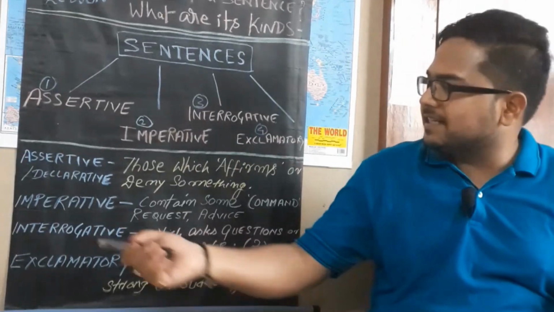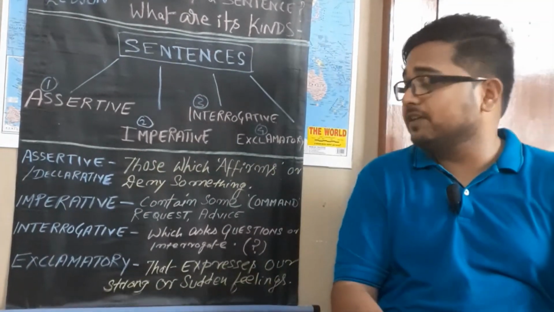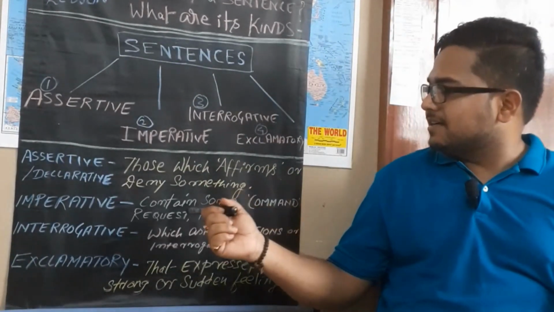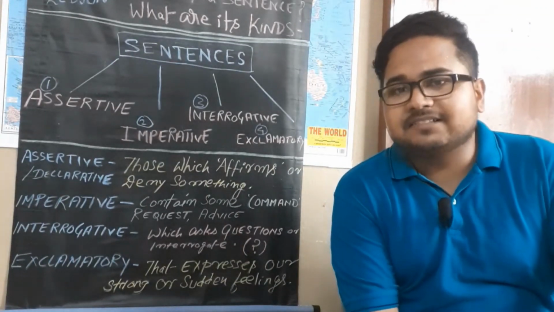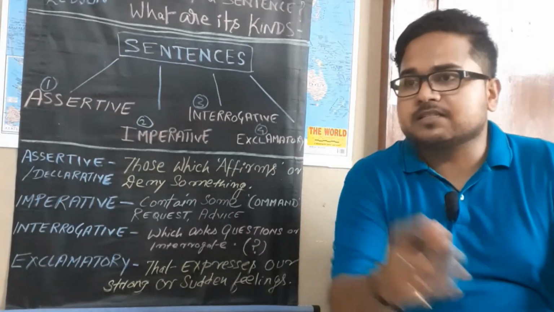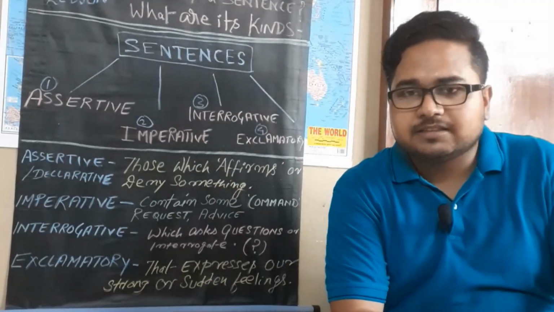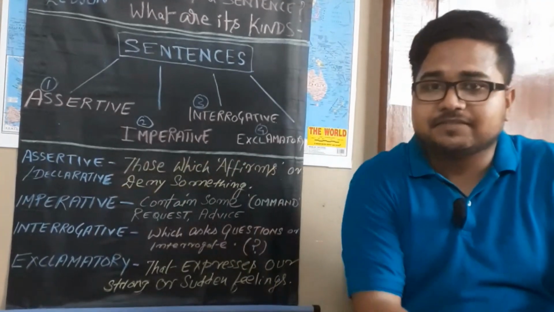Next is the imperative sentence. In an imperative sentence you will get 3 main differentiations, and that is command, request and advice. When you command someone, just bring me a glass of water, give me that thing, that is an imperative sentence.